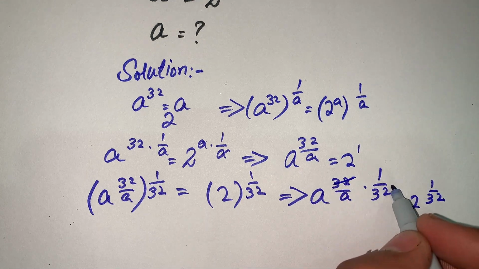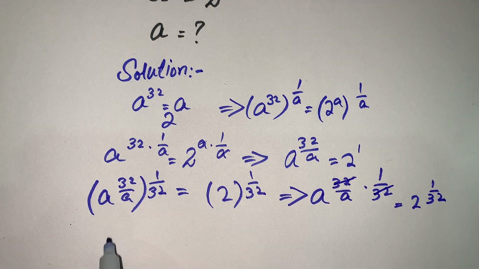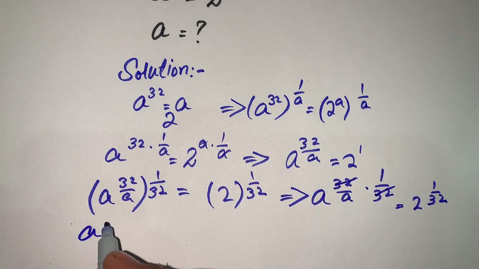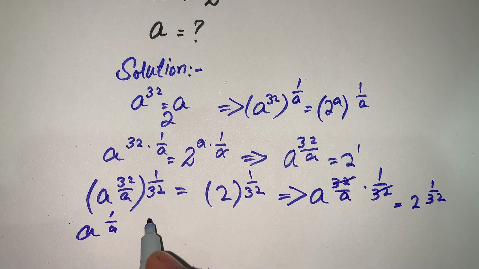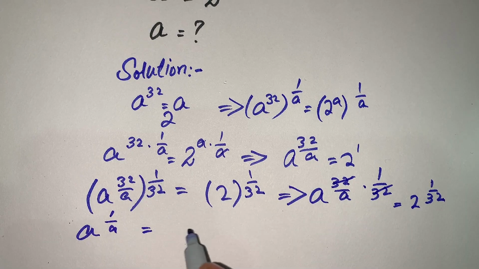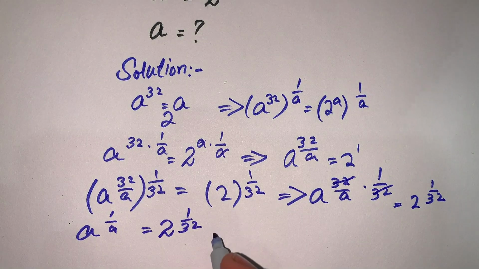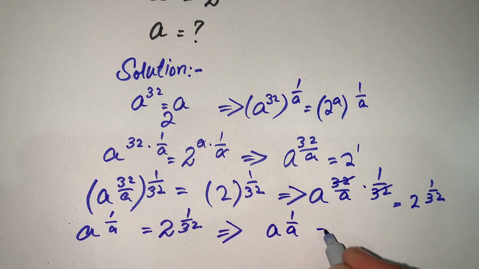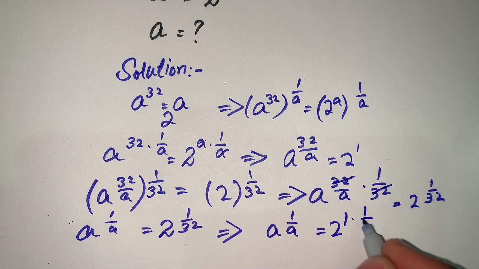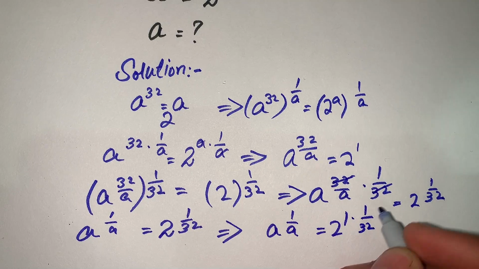This 32 cut by this, remain a to the power 1 divided by a is equal to 2 to the power 1 divided by 32. This will be a to the power 1 divided by a is equal to 2 to the power 1 into 1 divided by 32.